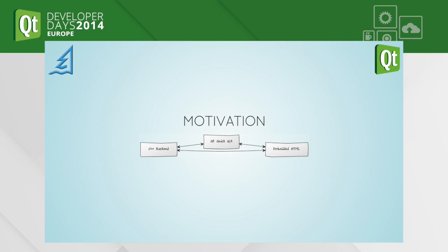With WebKit or WebEngine, that's very easy to do, but what's kind of hard is the lower part here at the bottom, the bidirectional communication channel between C++ and HTML, or between the QML GUI and HTML.